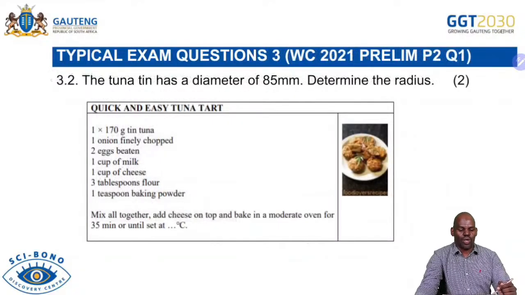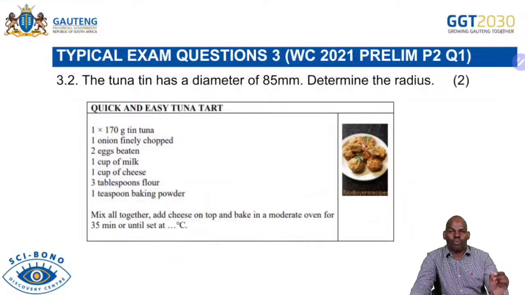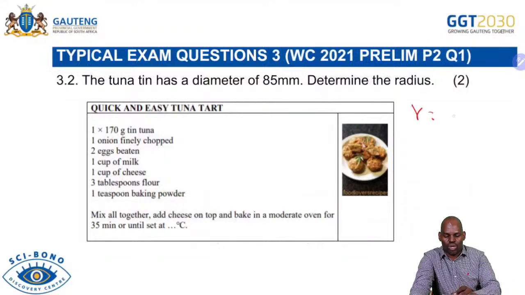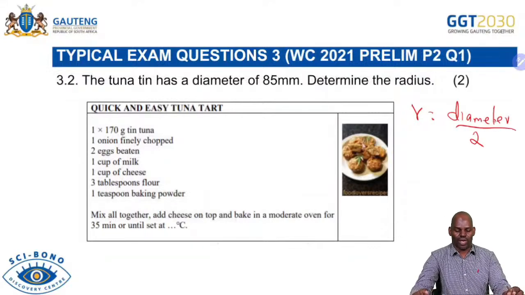Okay, then the next one is the tuna tin has a diameter of 85 millimeters. Determine the radius. We should know that radius is always equal to diameter divided by 2. If you are given a diameter and you need to determine a radius, please take the diameter and divide it by 2.